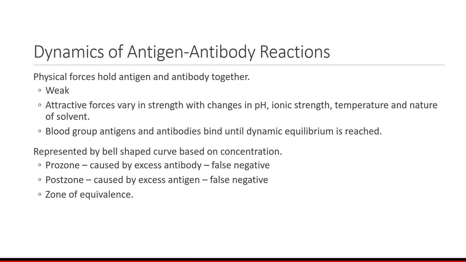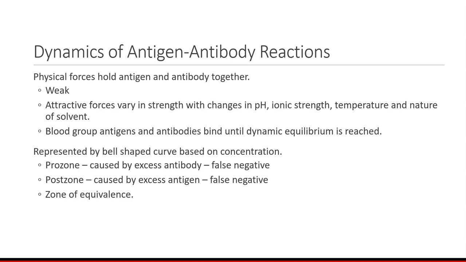Blood group antigens and antibodies bind until dynamic equilibrium is reached. So you get to that point where no more antigen and antibody will stay bound together, and then they start dissociating. This type of dynamics is represented by a bell-shaped curve based on concentration.